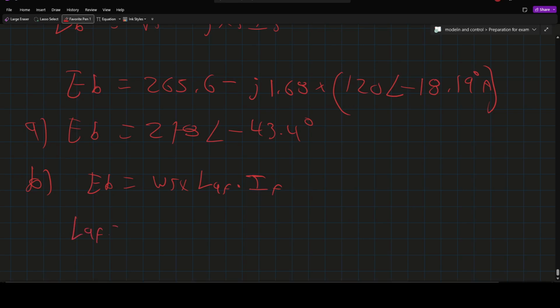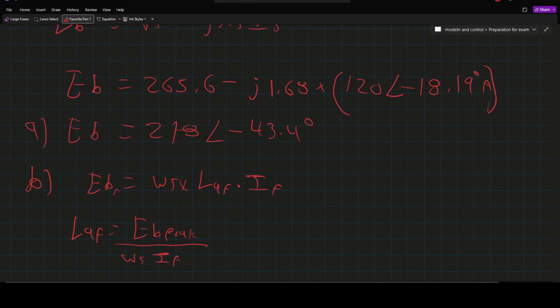So our inductance is going to be our EV peak, the peak value, over omega S times IF.